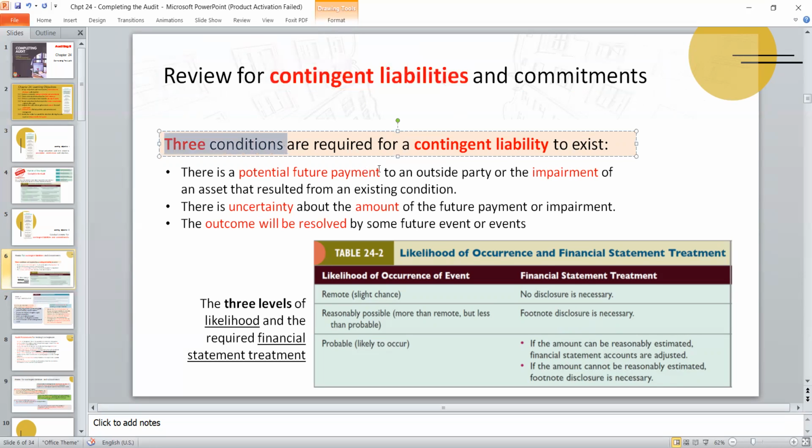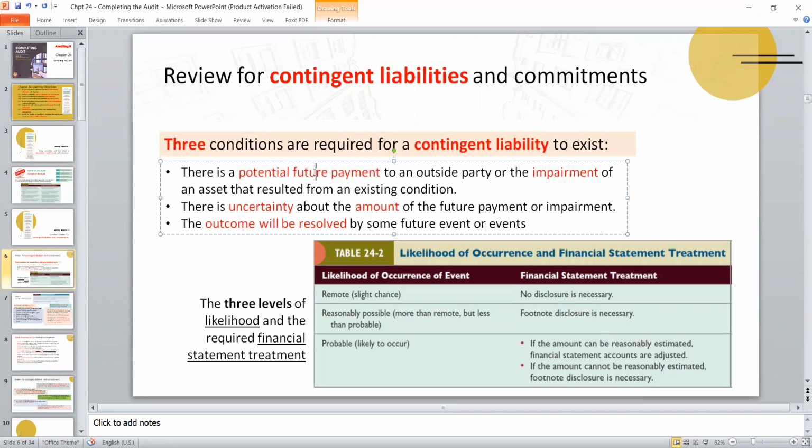The conditions for a contingent liability to exist. What kind of condition can make a contingent liability exist? Firstly, there is a potential future payment. It means the company may in the future have to pay something to an outside party.